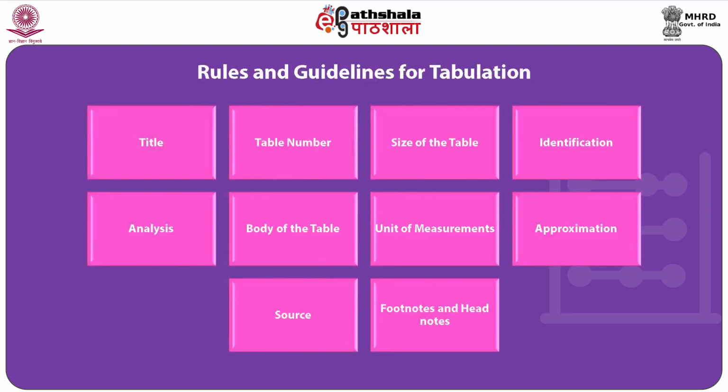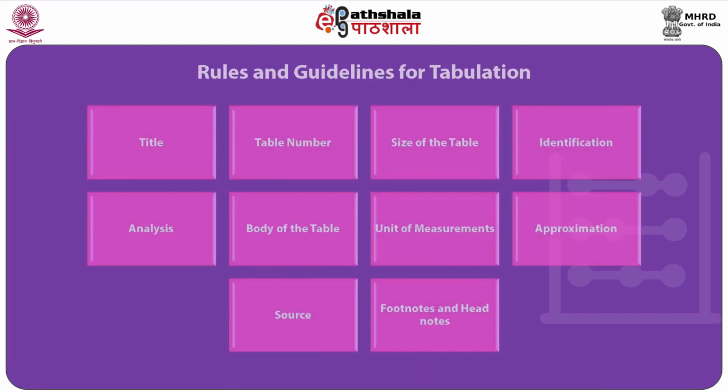Having understood the objectives of the tabulation, now we will move upon the rules and guidelines for tabulation. There are certain basic guidelines, like first one is title. Each table should have a title which should be clear, concise and adequate to give the precise idea of the content or subject matter presented in the table. Secondly, table number should be provided.